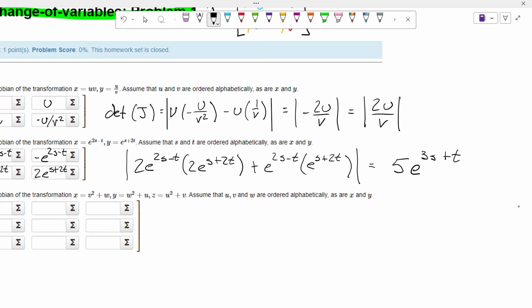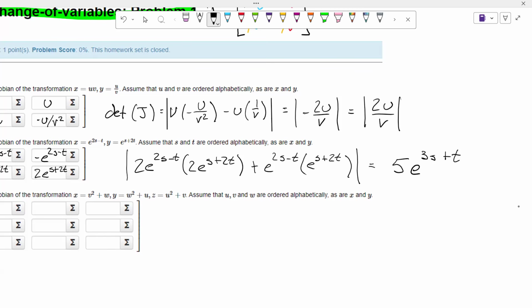So what gives? Last time I needed to know stuff about u and v, but why not this time? Well, I know the range of an exponential function in particular. Exponential functions, if they don't have any vertical transformations on them, their range is always positive, 0 to infinity. Open at both ends.